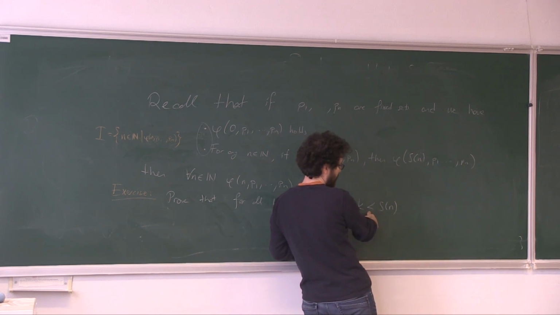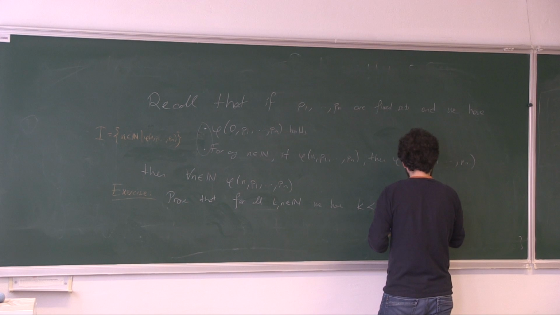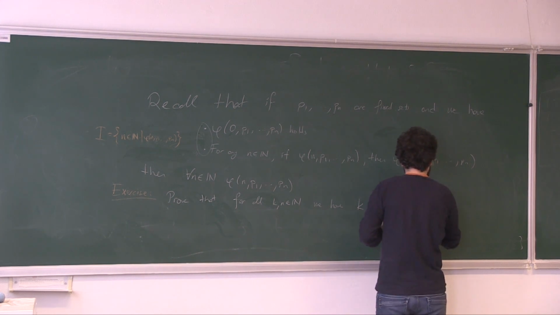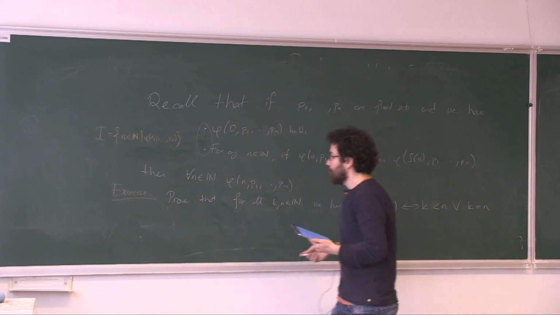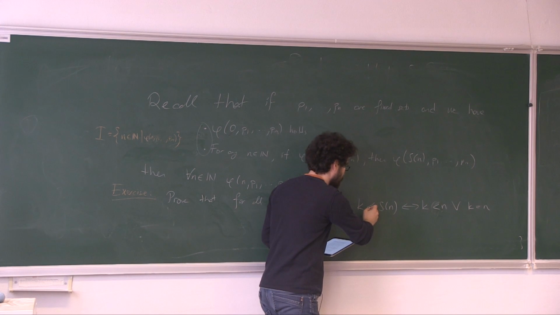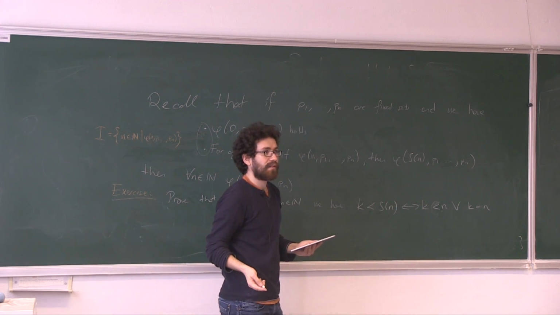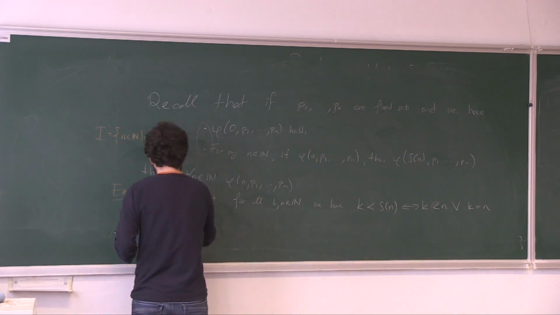If k is strictly less than s of n, which, how did we define this? This simply means that k is a member of s of n. Okay, so if k is strictly less than the successor of n, then k is either strictly less than n or it equals n.